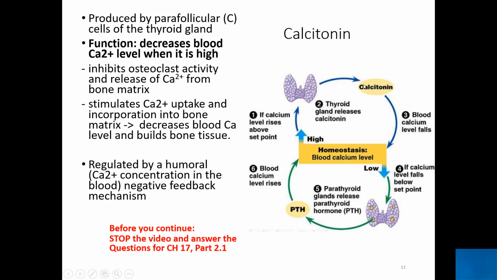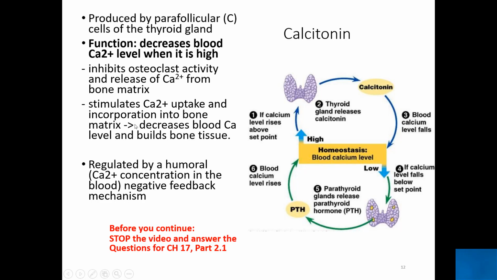Calcitonin through the blood goes to our bones, and in the bones it is doing two things. First, it inhibits osteoclasts. Osteoclasts, remember that, are cells destroying bones, breaking bones and releasing calcium to the blood. So when osteoclasts stop doing it, the level of calcium in the blood goes down.